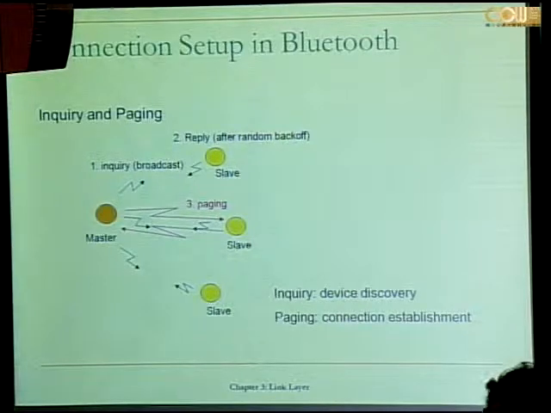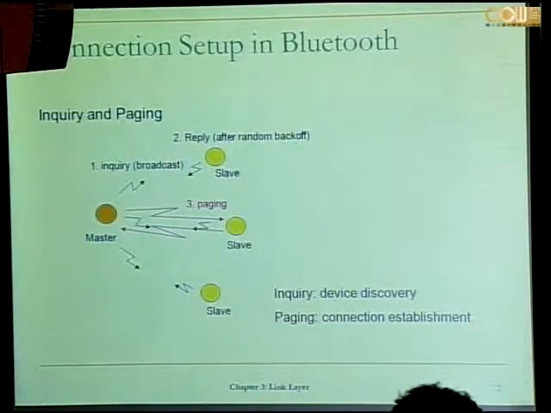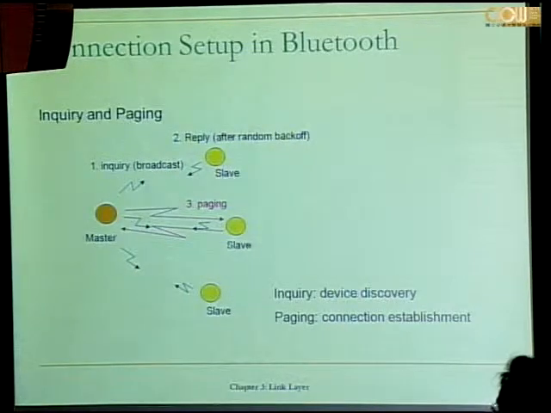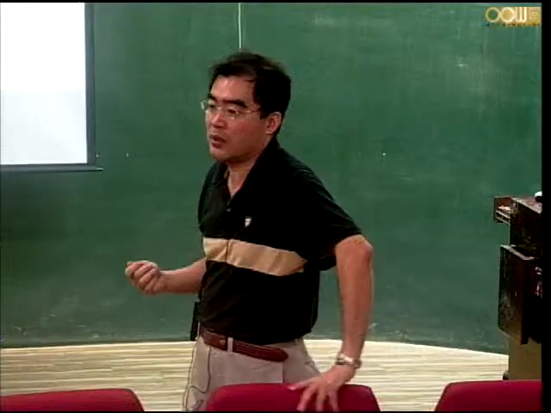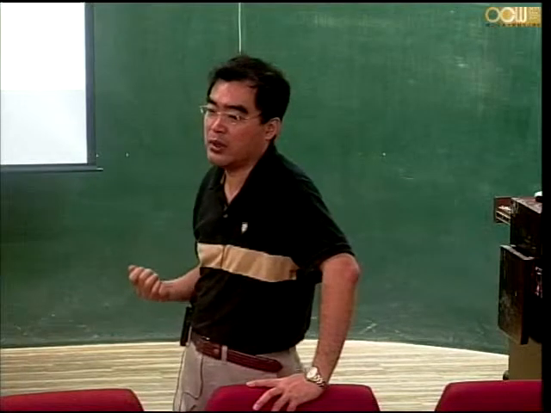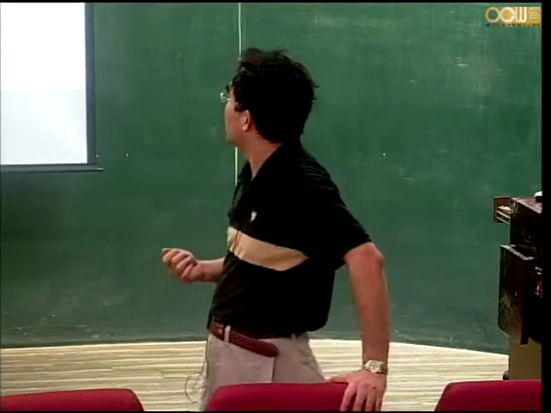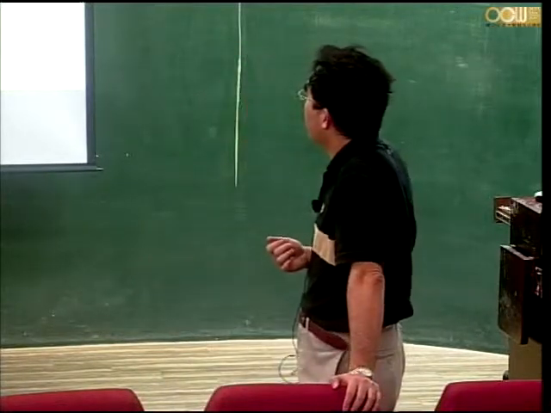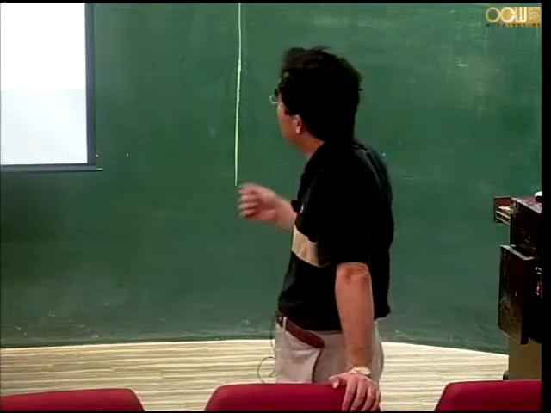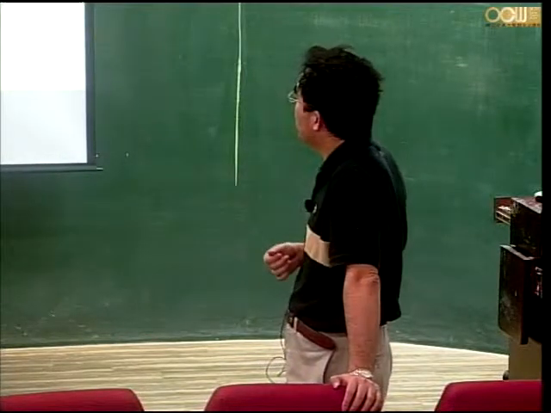Suppose I know there are 3 slaves, 3 peripheral devices. Then the master will page the slaves in turn. Paging means asking the slave, do you have anything to send me? So that's essentially polling one by one.